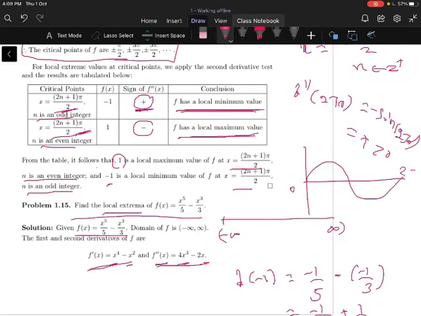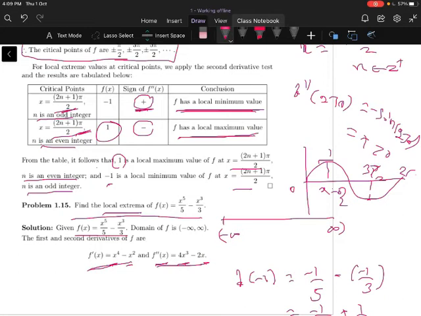Let us draw the figure for sin x here. I have taken 0 to 2 pi only. At x equal to pi by 2, this is the maximum value. When n is 0, an even integer, x is pi by 2, and obviously the local maximum value is 1.